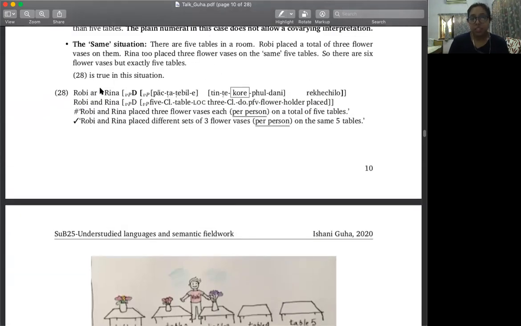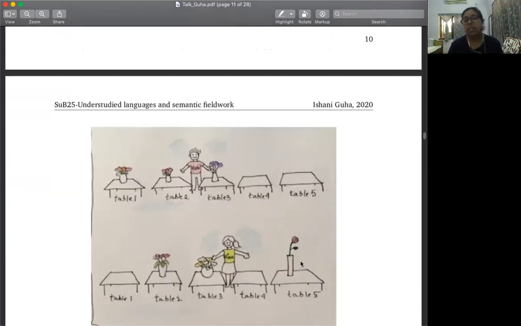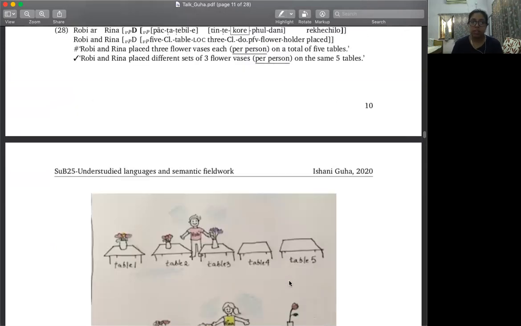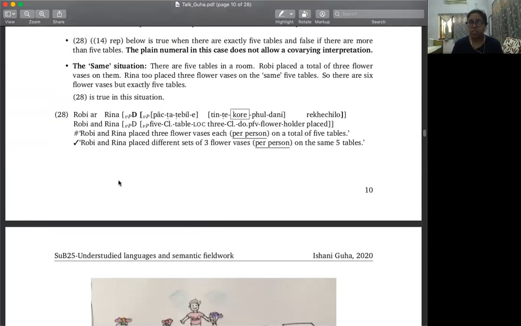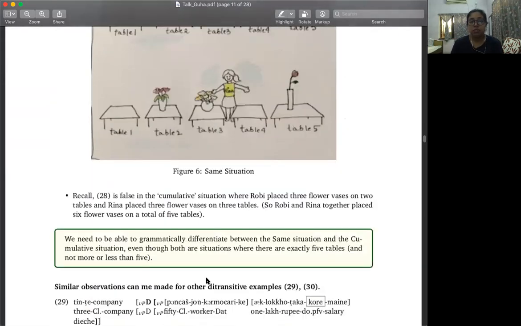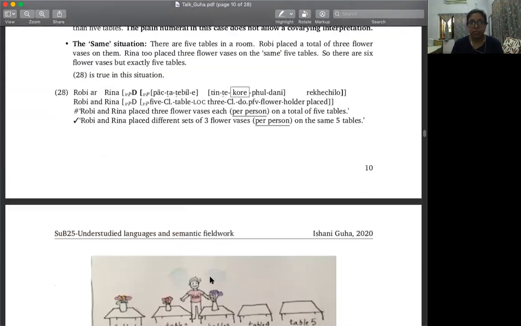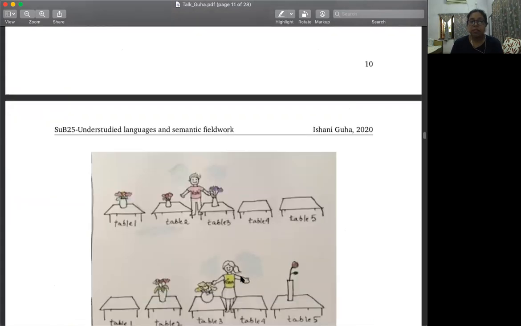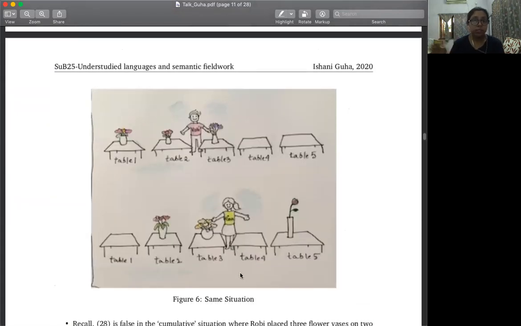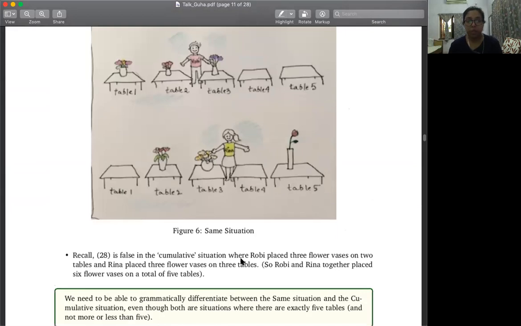So there are 6 flower vases, but exactly 5 tables. So this I've called the same situation, and 28 is true in this situation. But 28 was false in the cumulative situation, recall from above.